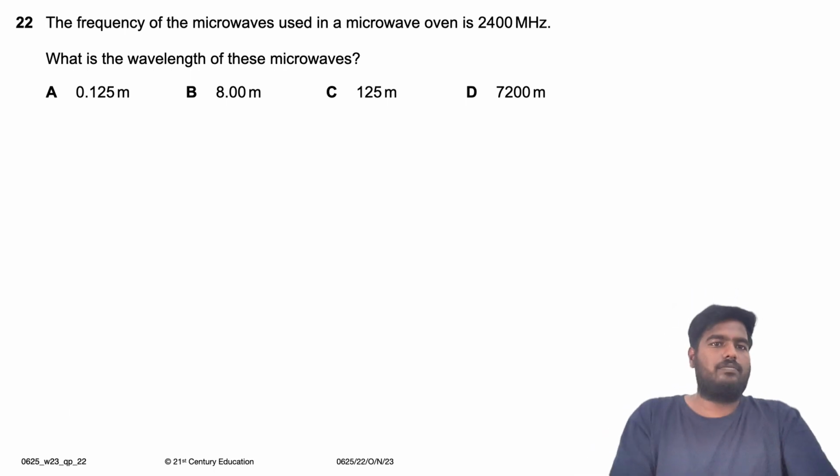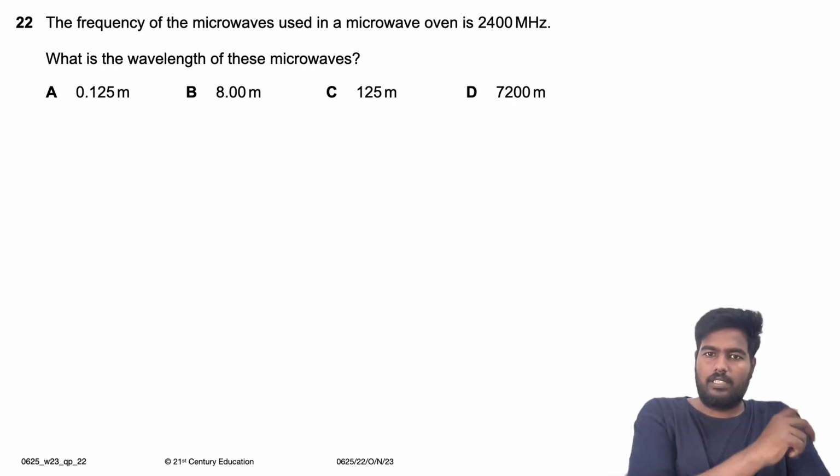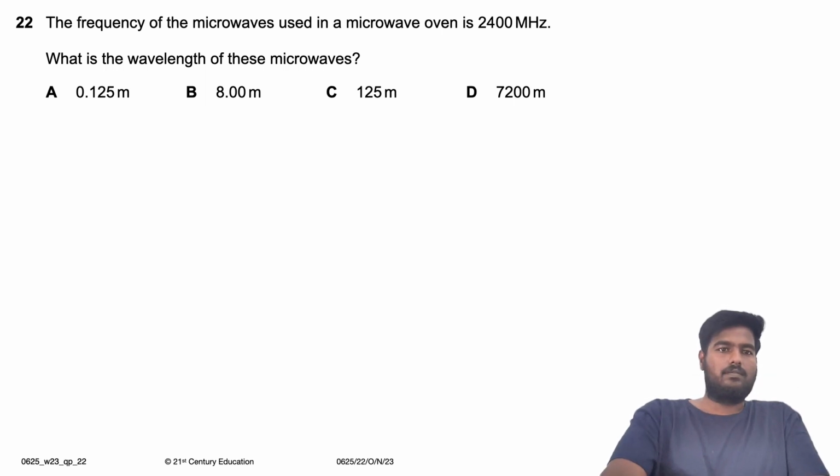The frequency of the microwaves used in a microwave oven is 2400 megahertz. What is the wavelength of these microwaves? It's the same formula as we used in the earlier question. There is one more quantity that is not given, but we have to take it for granted: the speed of an electromagnetic wave is 3 into 10 power 8. So v is f into lambda.